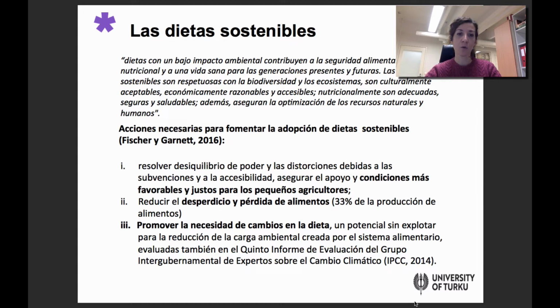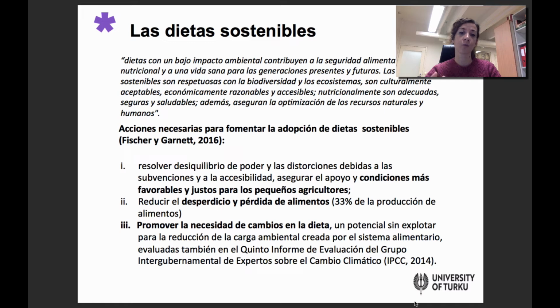And these two authors have also defined some actions that are listed here to foster the adoption of sustainable diet in different countries. So it's necessary, for example, that food waste is reduced, because at the moment about 33%, so 1/3 of the global production of food, is wasted.